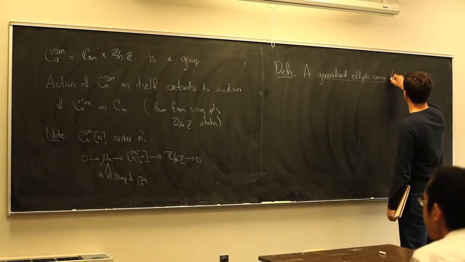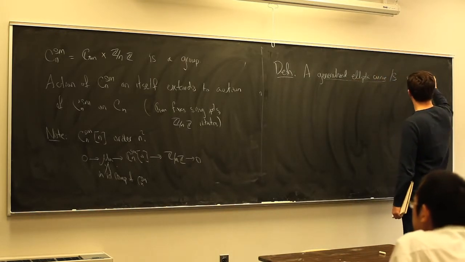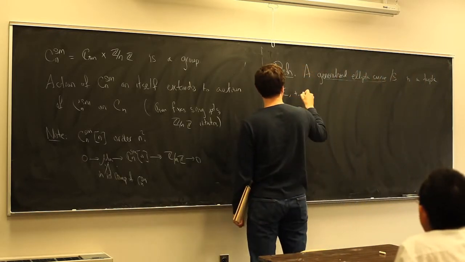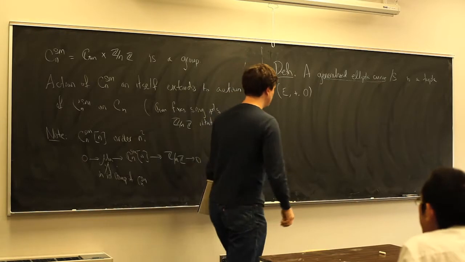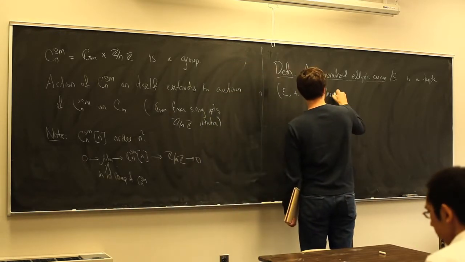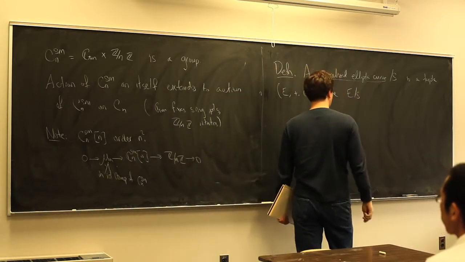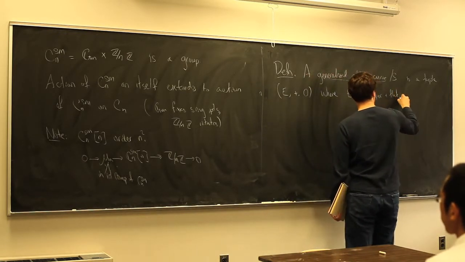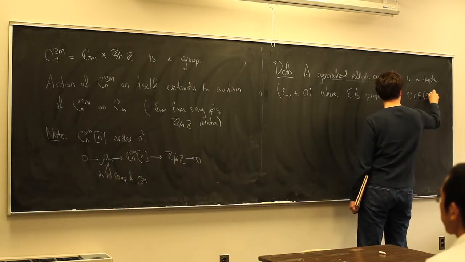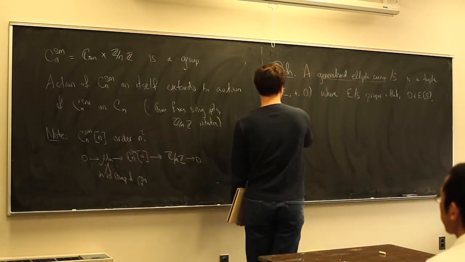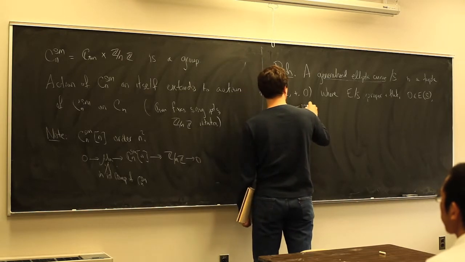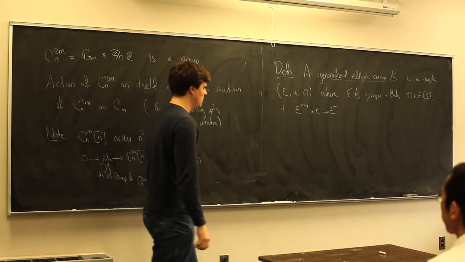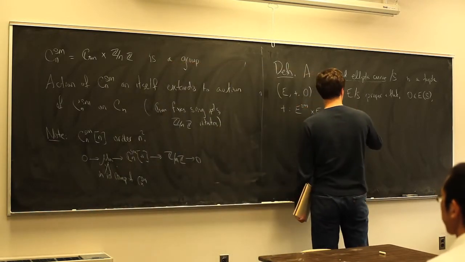Over S it is a tuple consisting of E, some operation called plus, and a section 0, where E is a proper flat family, 0 is a section, and plus is a map from the smooth locus of E times E to E, such that two conditions hold.